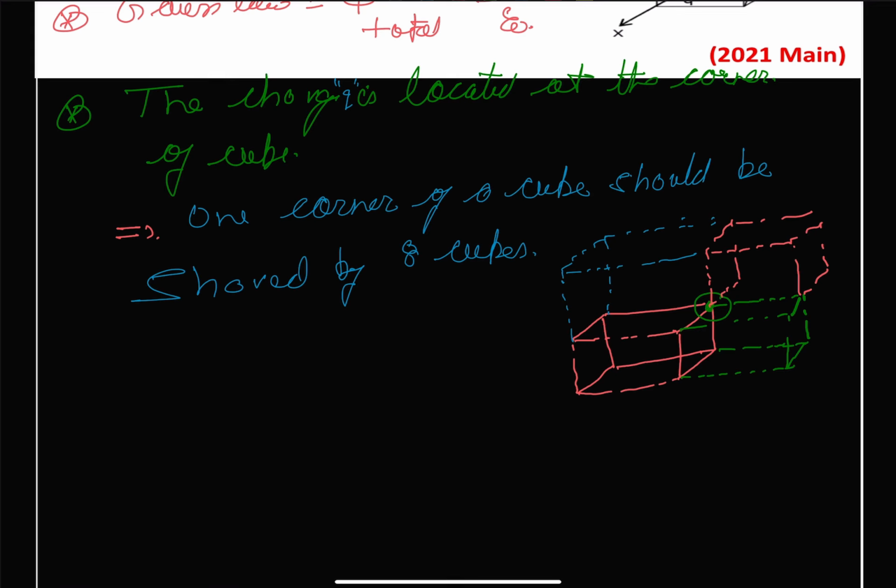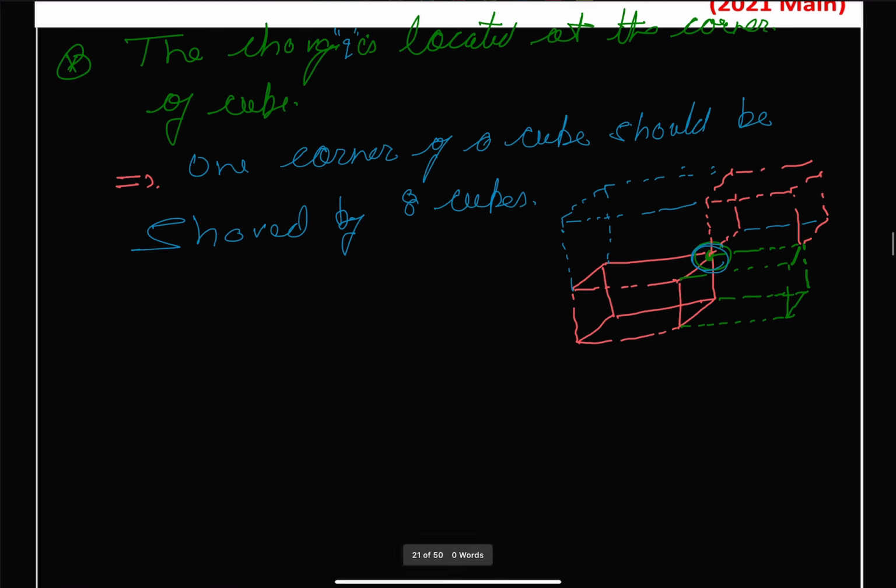Okay. So this way this charge will be enclosed, such that this point is enclosed from all the surfaces, from all the sides. Therefore, we can say that one corner of a cube should be shared by 8 cubes.